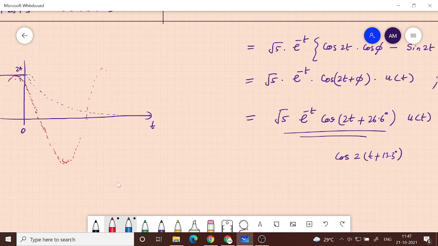Okay, cos function will not come up to 2. That's a mistake. To make it more accurate, I will write these two functions together, that is root 5 into cos function.